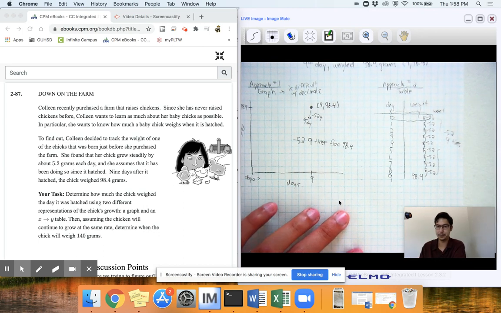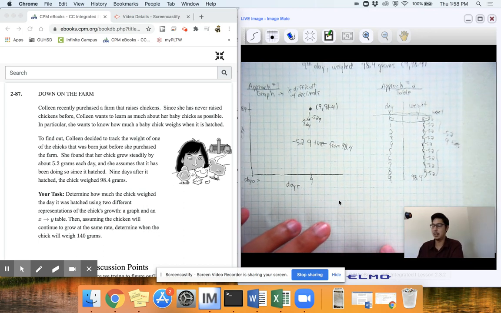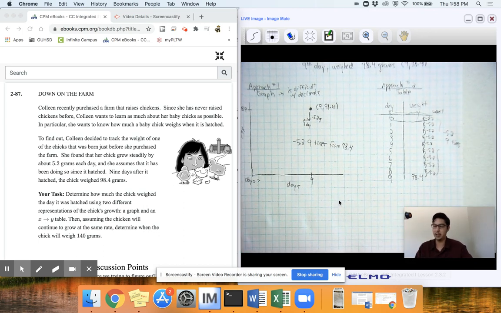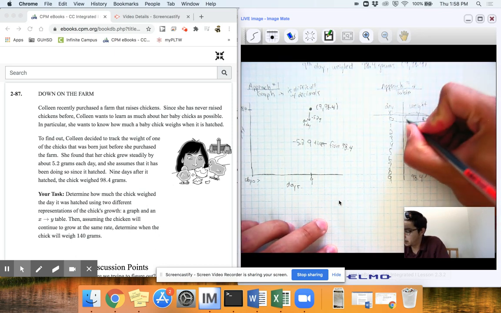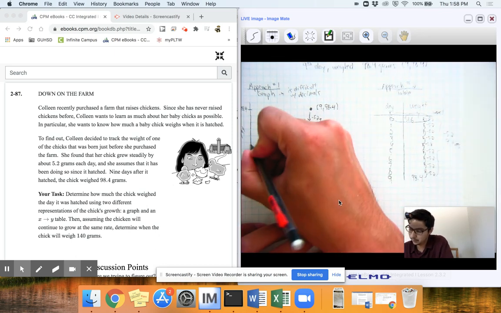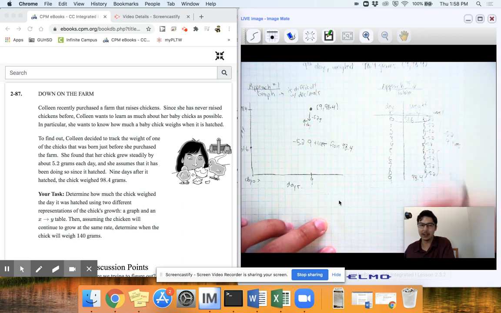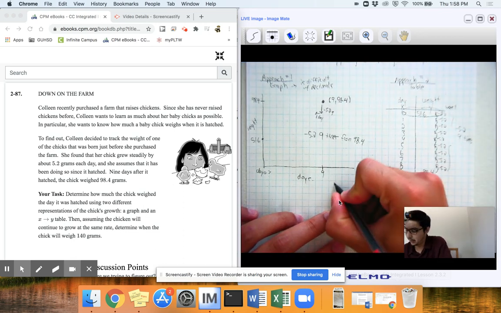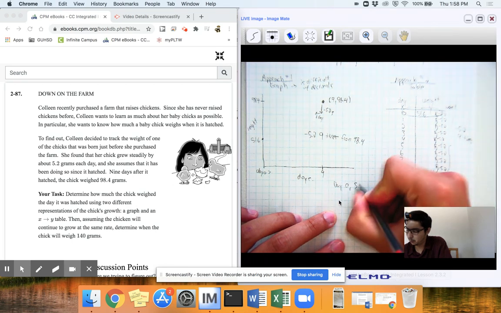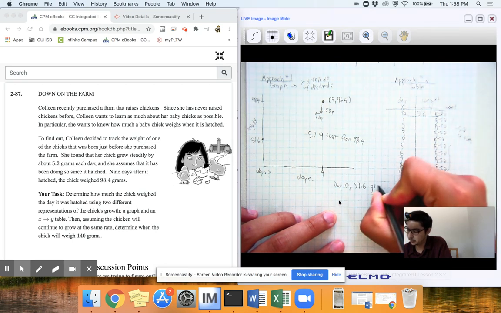Okay. Now, in both these methods, the correct answer, 98.4 minus 5.2 nine times, is you would have gotten 51.6 grams. And that was the correct answer for this problem, on day 0, it was 51.6 grams.